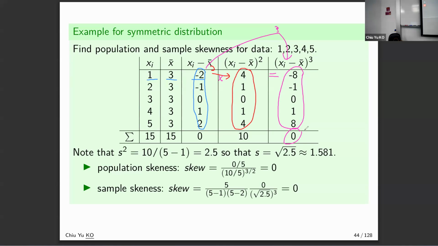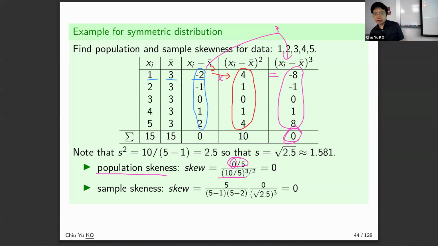So no matter how you calculate the population skewness, and the sample version, it is always 0, because the numerator is 0. So population skewness is this sum divided by 5, which is 0/5.